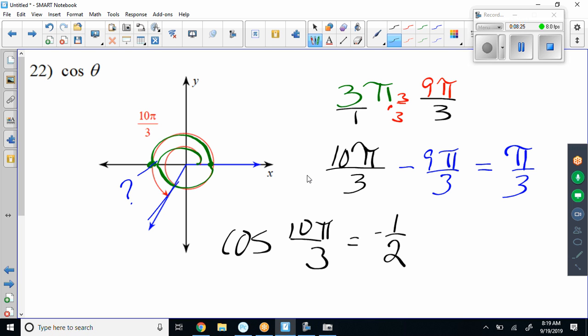10 pi over 3, that's my whole big angle, right? So what I did was I started here, and I went, okay, that's 1 full revolution, which is how many radians? 2 pi. If I go half a revolution, how much is that? Right here. We're 60 degrees past that. The cosine is x.